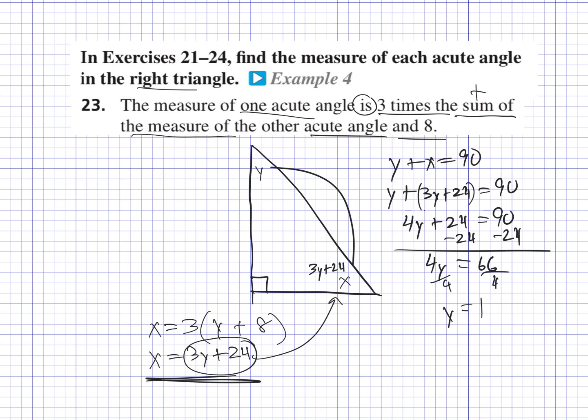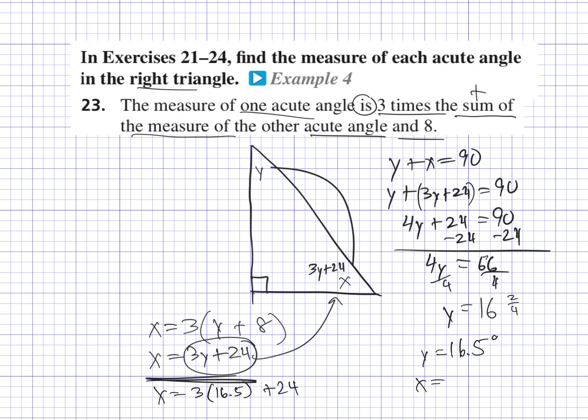4 goes into 6 once with the remainder of 2. 4 goes into 26 6 times with a remainder of 2. So that'll be 2 over 4. Your remainder always goes on top, which means y is 16.5 degrees. So what's x then? You've got to put 16.5 in for y. Multiply it by 3.